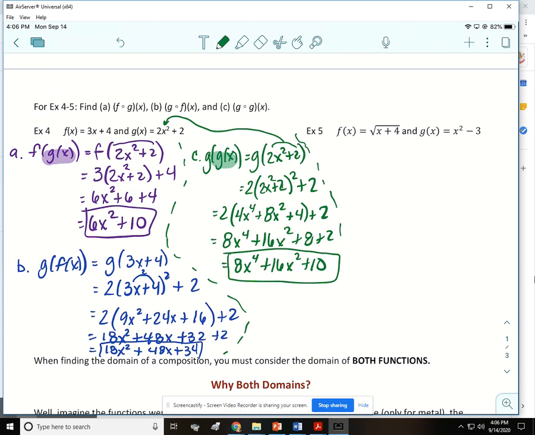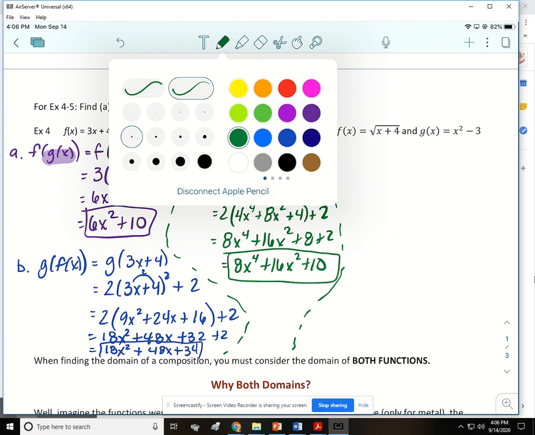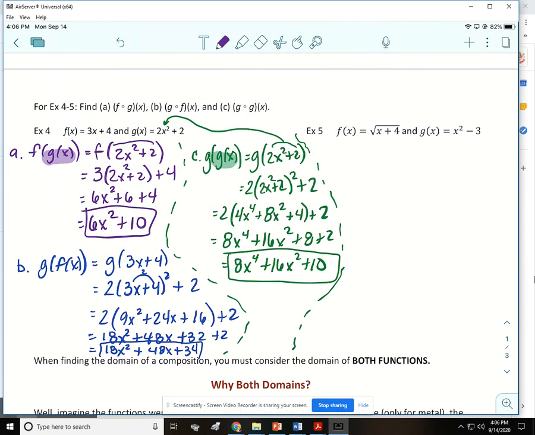on example 5, I'm not going to do the whole thing. I'm just going to do A and B. So for A, we're doing f of g of x. So f of, and then take what g of x is and put it in the place of g of x.